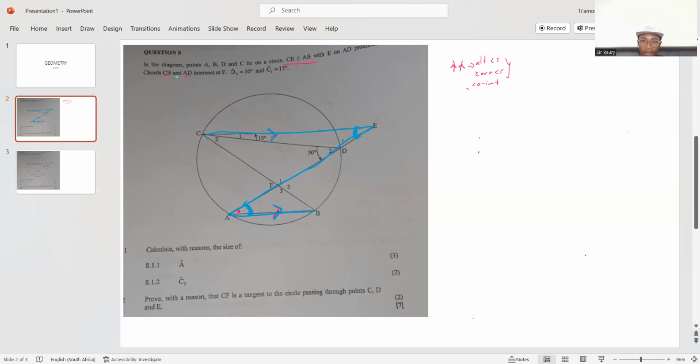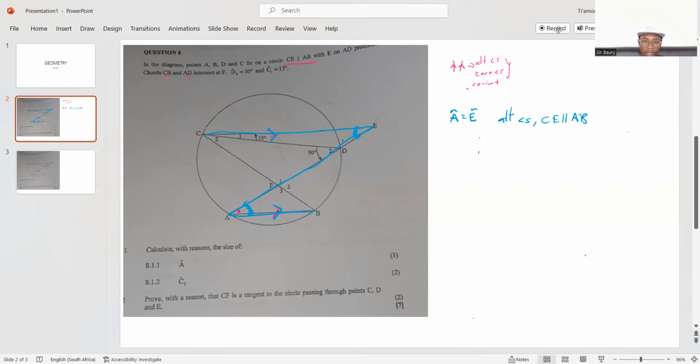Angle A is going to be equal to angle E. Alternate angles. We have CE being parallel to AD. That is why these two angles are alternate.